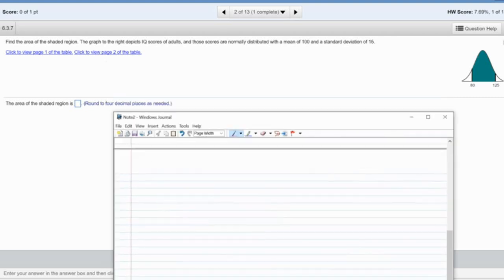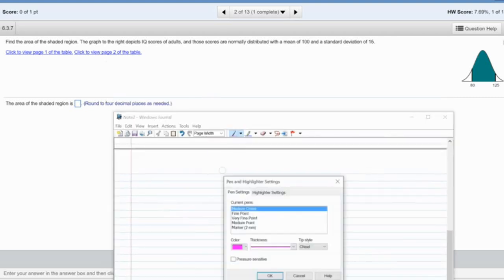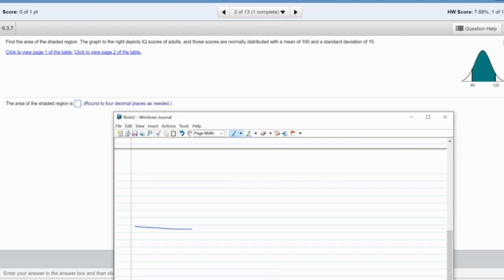So first let's draw the normal distribution. Here's the normal distribution. Here's the x. Now what does x stand for? X stands for, again, IQ scores. Now what is the mu and the sigma for this distribution?